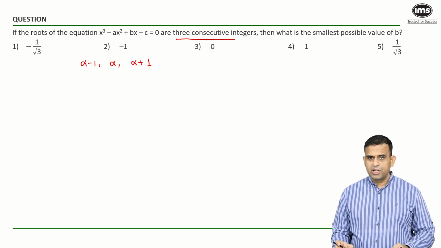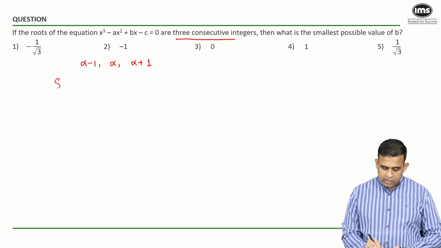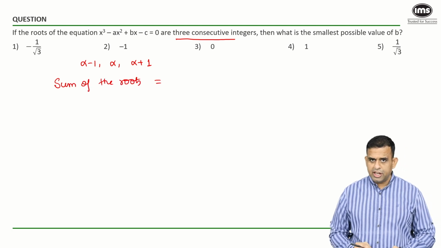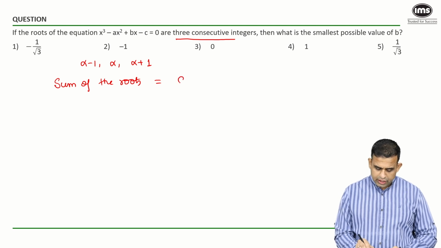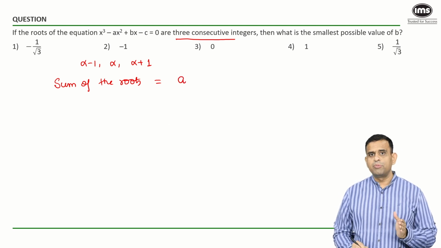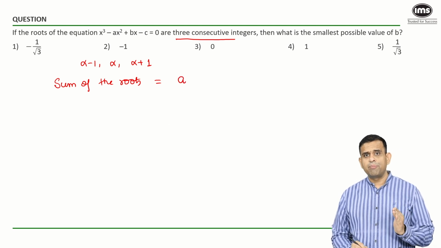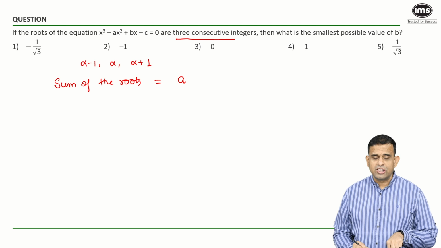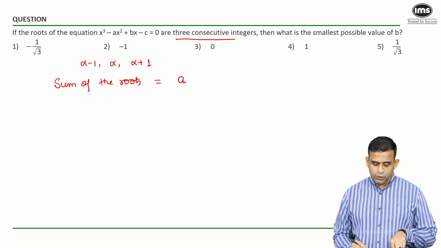Now we can use this particular property: the sum of the roots in this particular case will be nothing but equal to a, because from ax cube plus bx square plus cx plus d equal to 0, the sum is equal to minus b by a, where b is the coefficient of x square and a is the coefficient of x cube.